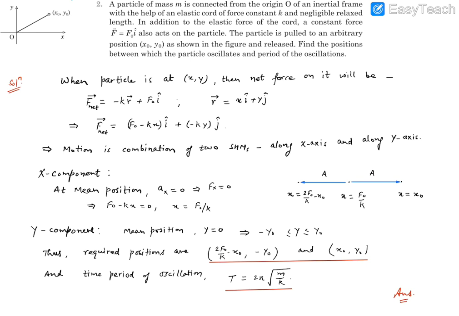Now you can put the value over here, then in totality with i cap it will be F naught minus kx, and with j cap it will be minus ky. You will find this is going to be an SHM in the y direction. This component will make the particle oscillate in the x direction. So this is the combination of two SHMs, one along the x-axis and another along the y direction.